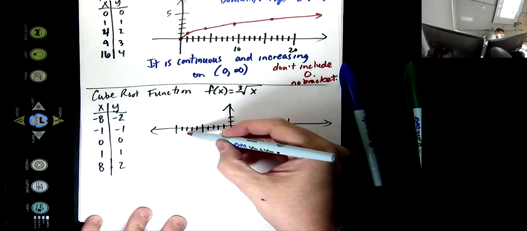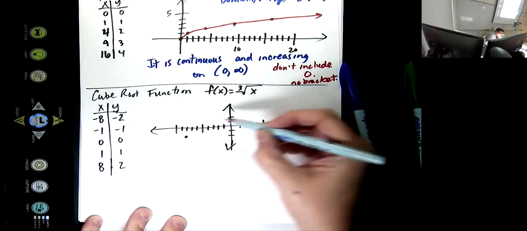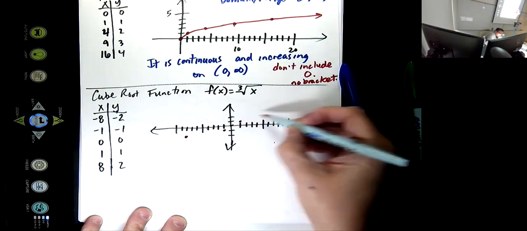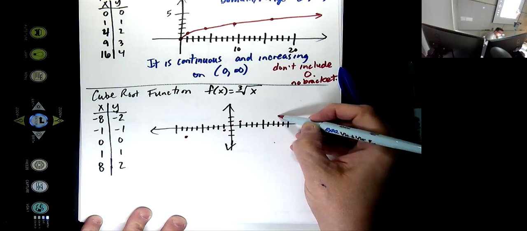-8, -2 is right there. -2 is right there.